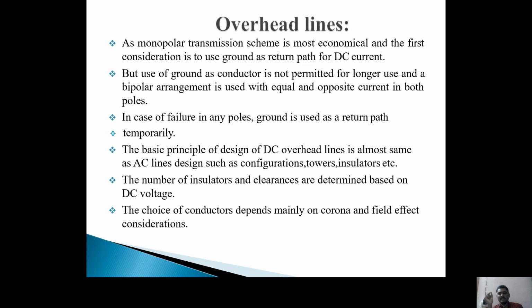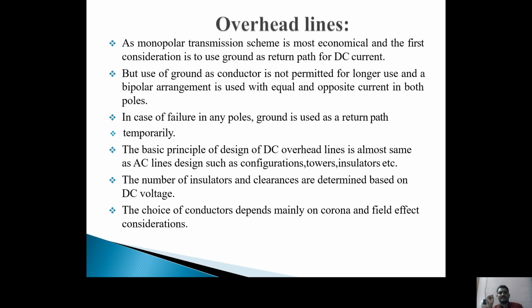But use of ground as a conductor is not permitted for longer use, and a bipolar arrangement is used with equal and opposite current in both poles. This point comes under bipolar DC link in the first chapter. In case of failure in any pole, ground is used as the return path temporarily.